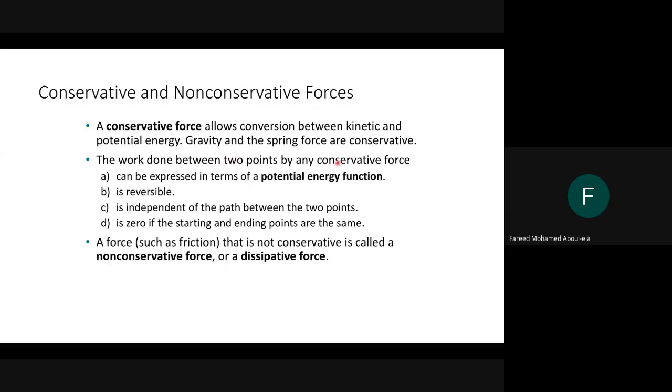We said we defined a potential energy function. We're going to see that this potential energy function is a function of the position. So the conservative force has a potential energy which we can define as a function of the position.